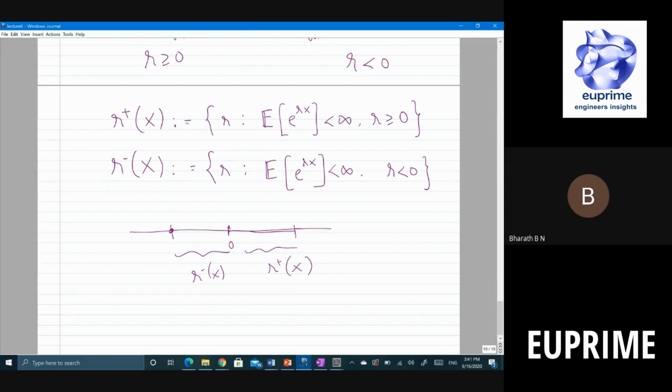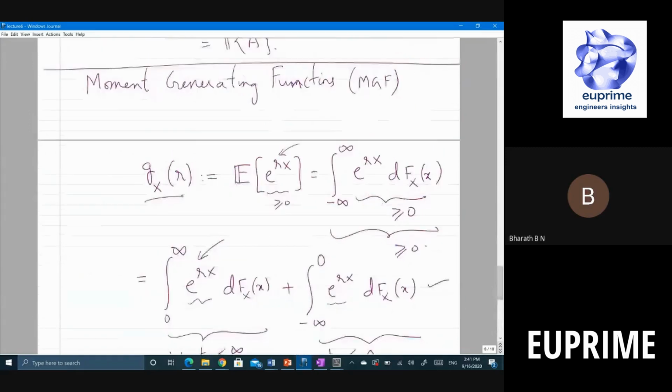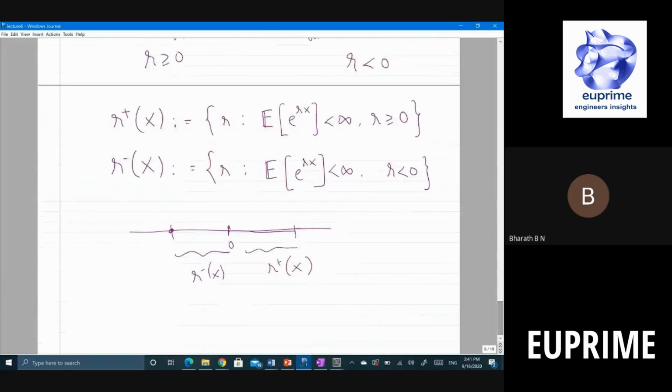It depends on the PDF of the random variable if the PDF exists, or the CDF. Well, the CDF always exists. So whenever I define this moment generating function, I'm assuming r belongs to R plus union R minus. It should belong to one of these. Otherwise the integral itself is undefined.